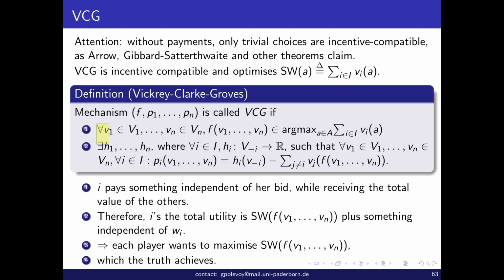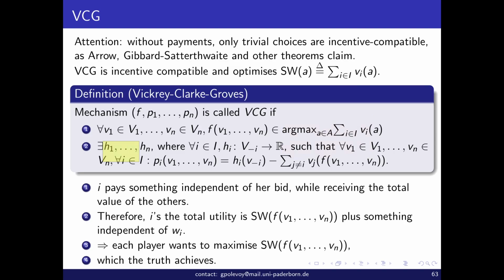So it optimizes social welfare, defined as the utilitarian social welfare, which means the sum. It maximizes the sum. So the social welfare is the sum, and it maximizes the sum. Now, the payments are defined in a generic way.